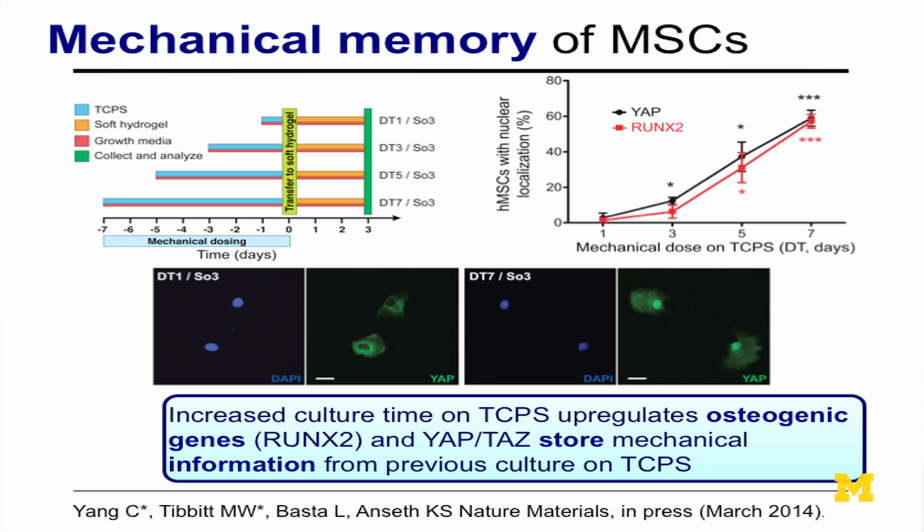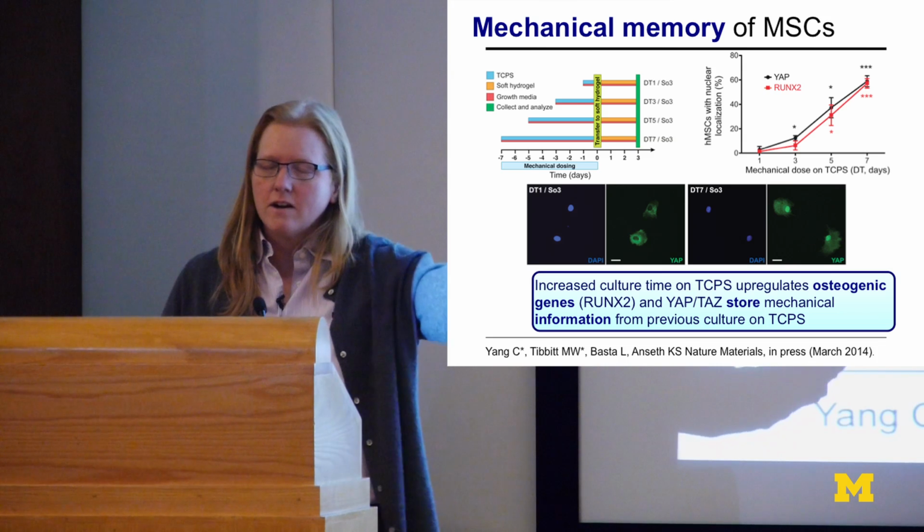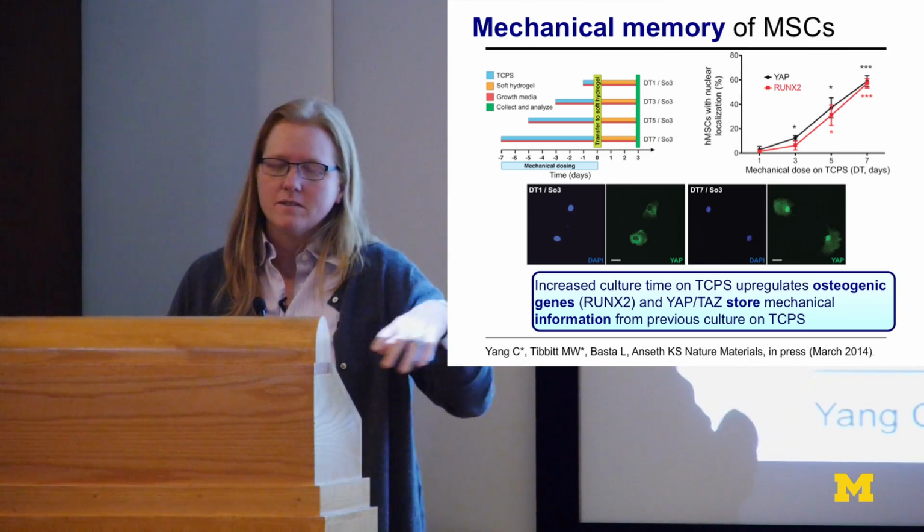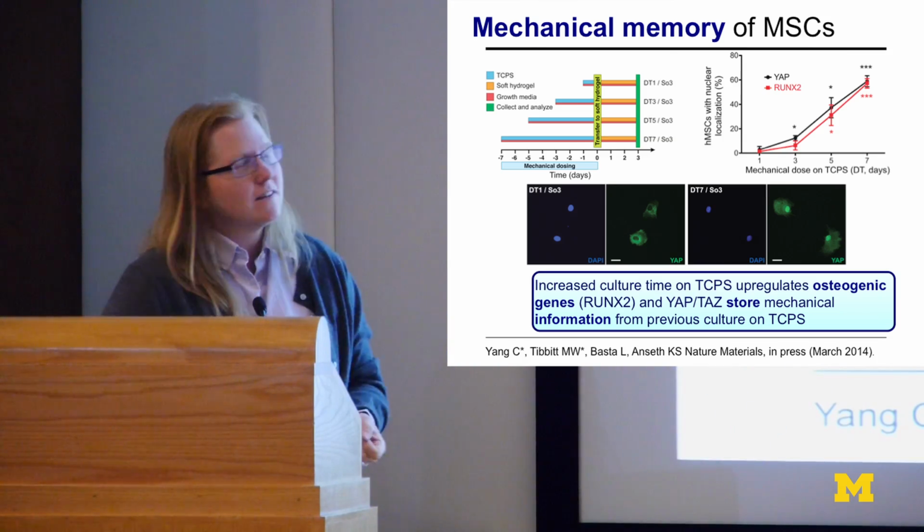So again, many times with culture of these stem cells, we first passage cells on this plasticware. And then we might start our experiment once we get a large number of cells and put them in hydrogel environments.